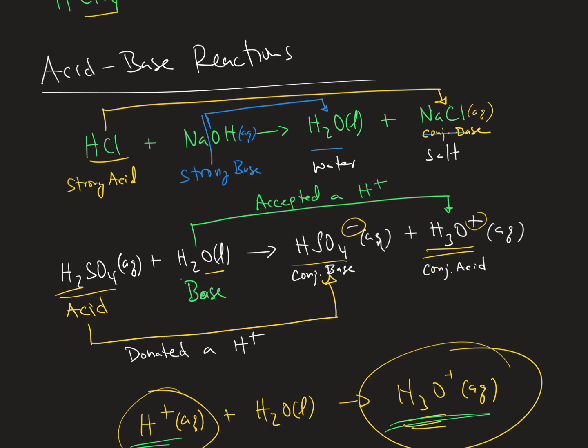It splits. This hydroxide is the base, and it grabs onto a hydrogen ion and turns into water. So water is our conjugate acid. Do you get that? Or is that, oh, funky? Yeah, so water is the conjugate acid because the hydroxide accepted a hydrogen ion and turned into water.